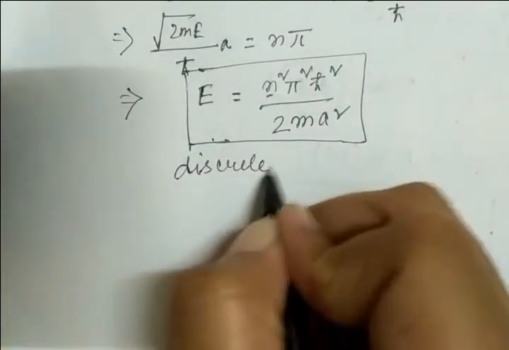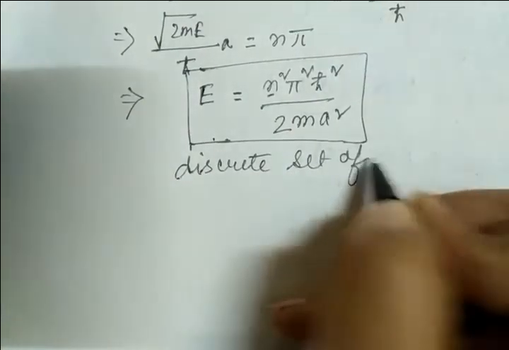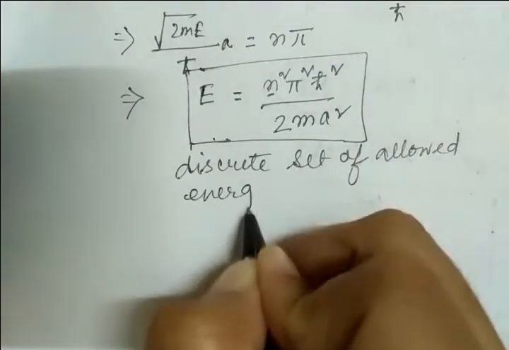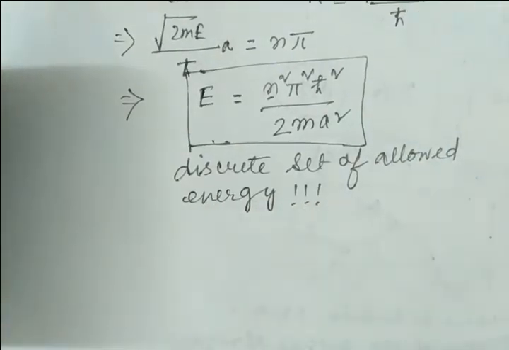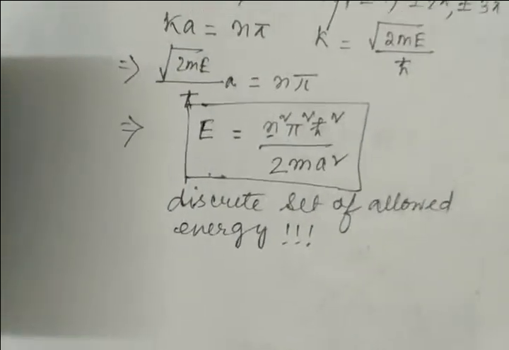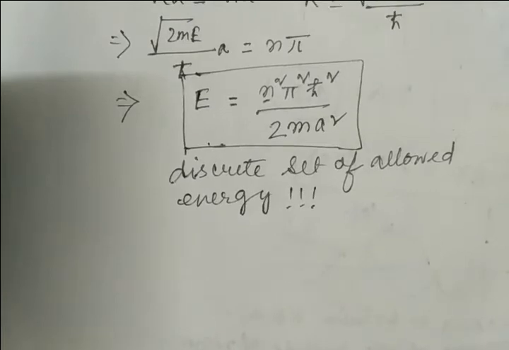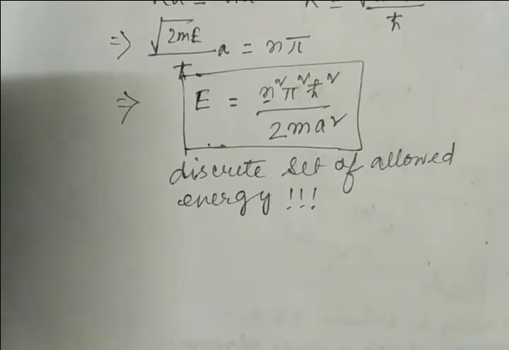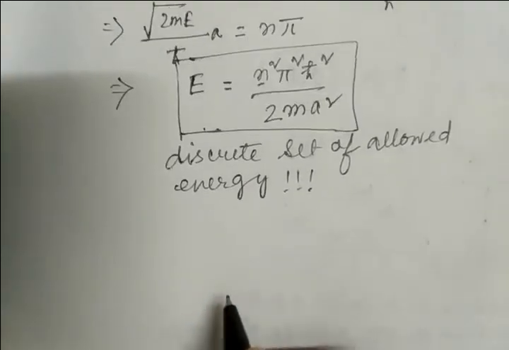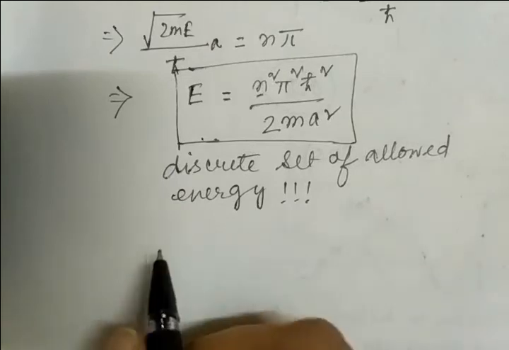So this is the discrete set of allowed energy, or the packet of energy. Okay, so my question is, we started with a continuous wave function, but we are getting a discrete set of solutions.